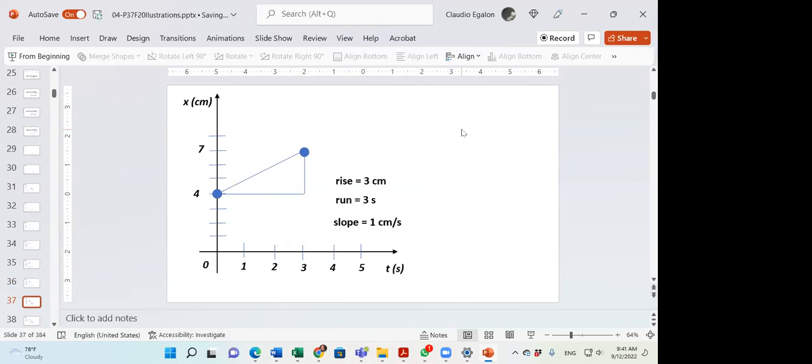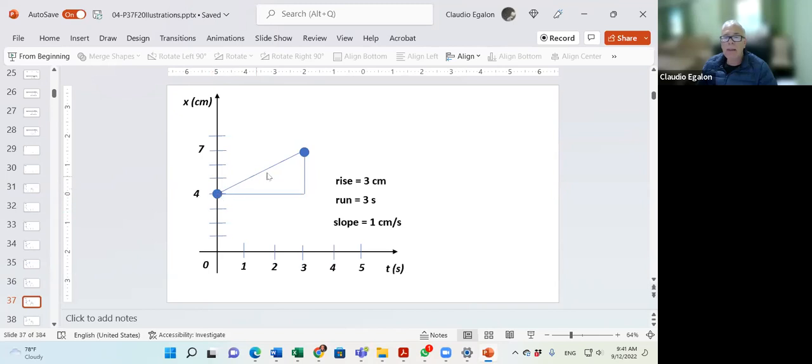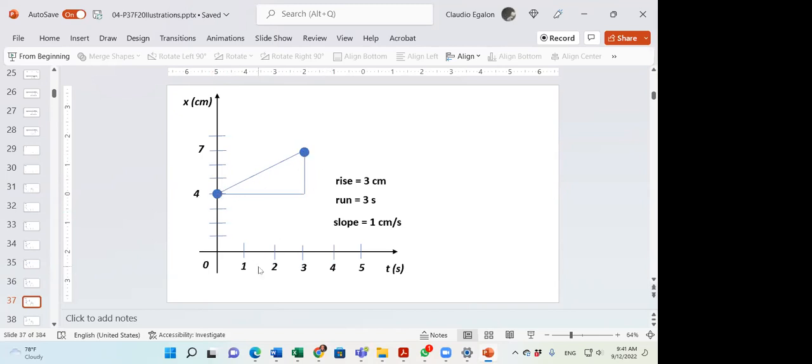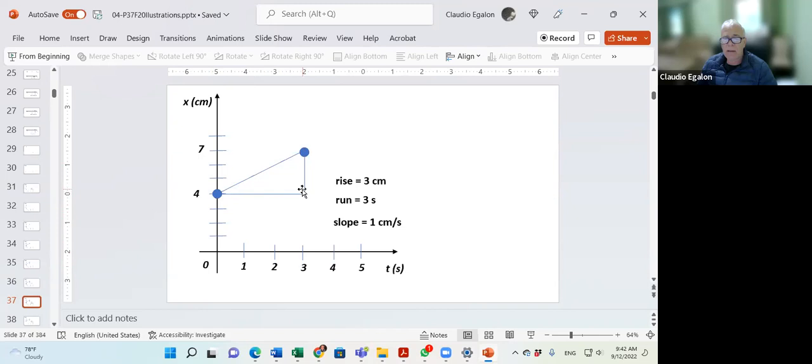Professor? Yeah. Just to confirm, the slope is the average velocity, correct? Yeah, the slope in this specific case is the average velocity. And then for the rise and run, would one of them be the position and the other displacement, or are those just points that we have? The rise is the displacement, right?